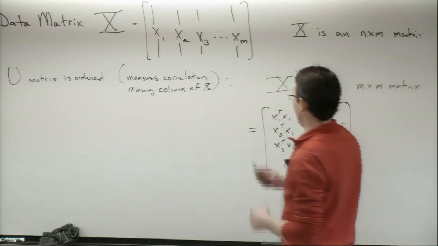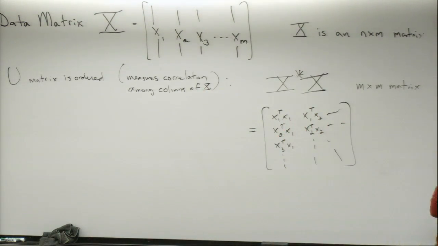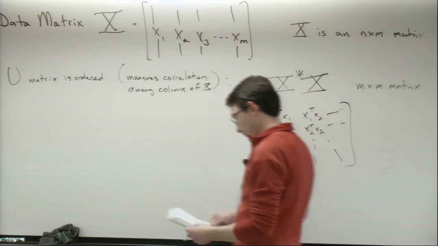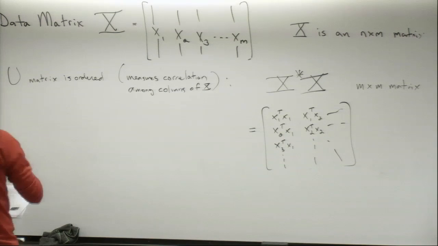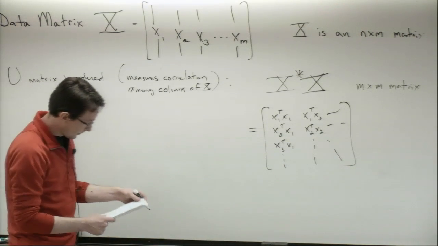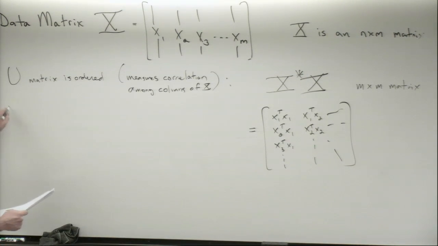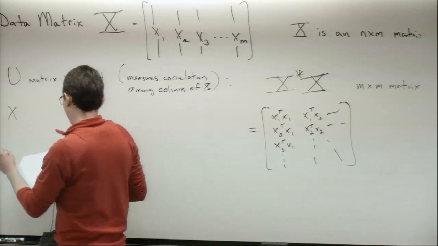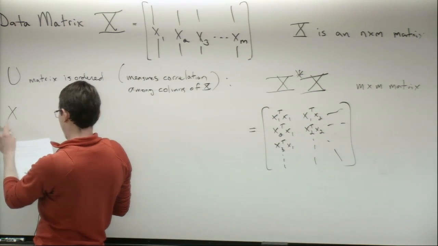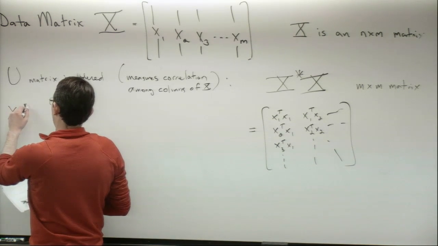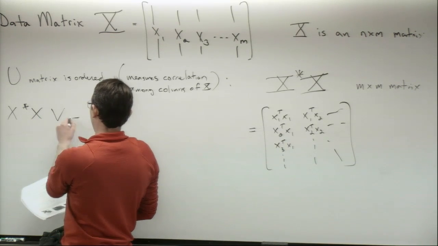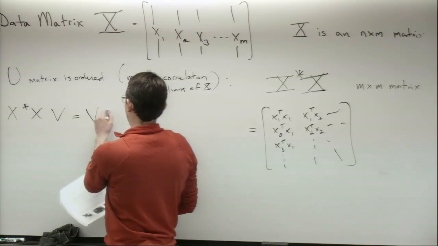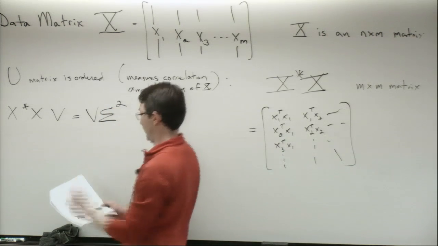And so the idea is, let me make sure that I get the math right. So the idea is that X star X times V equals V sigma squared.